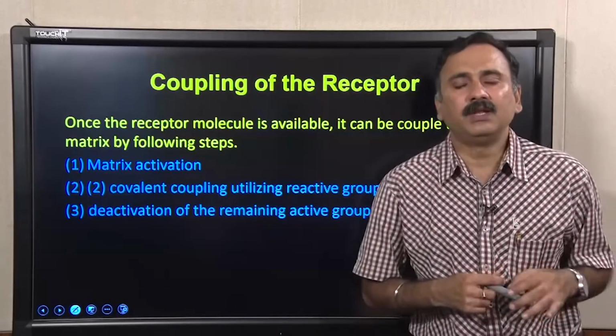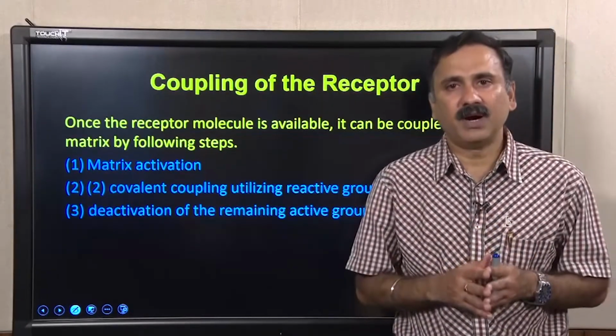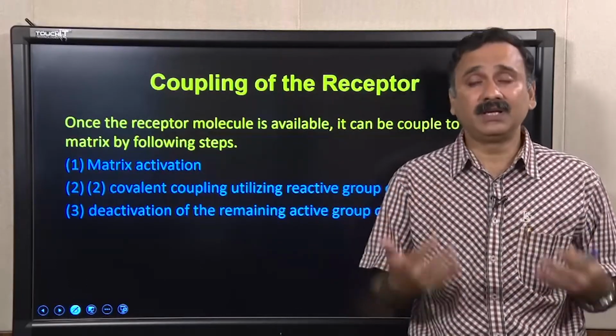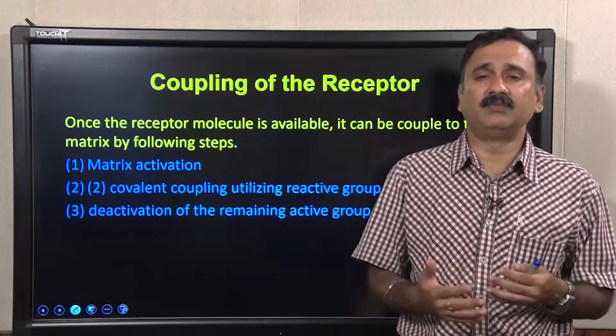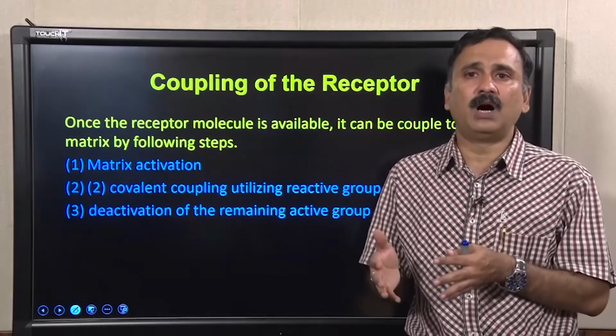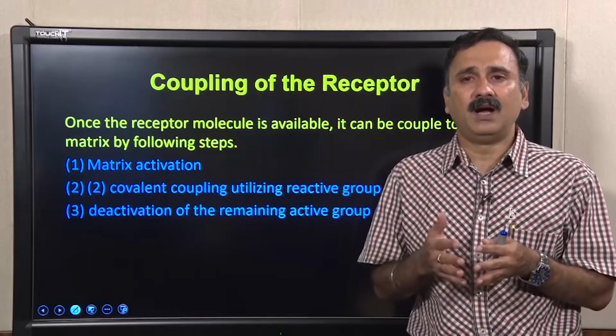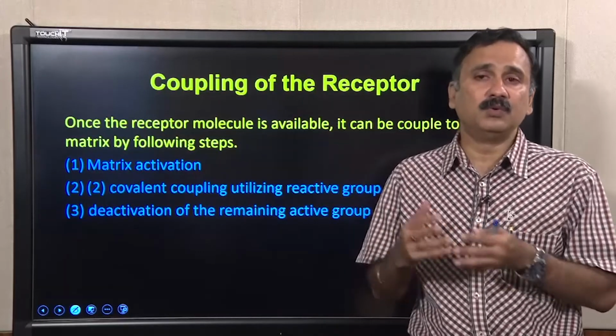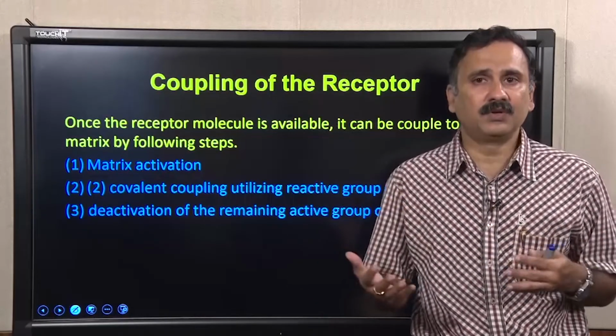Now, once you have produced the antibodies in the rabbit, and as we have discussed all the theoretical aspects related to this technique, I thought of showing you how to produce antibodies when you go to an animal house and try to do it yourself.